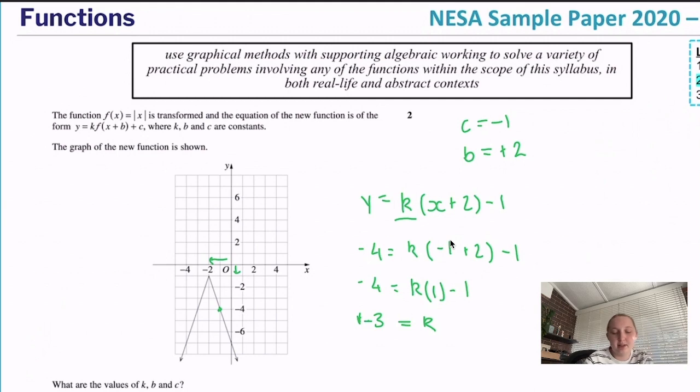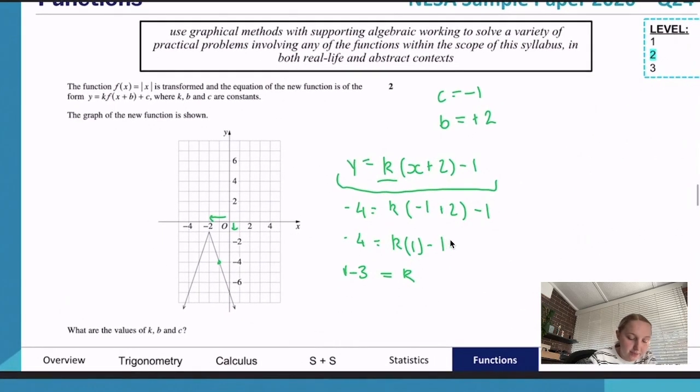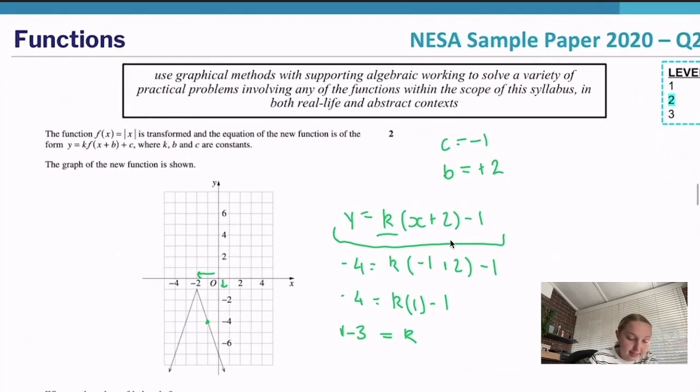What we need to do is sub that back into this equation. Actually, no, we don't even need to sub that back into the equation. We can just say that k is equal to -3, b is equal to +2, and c is equal to -1. Okay, because all it's asking is to find the values of k, b, and c.